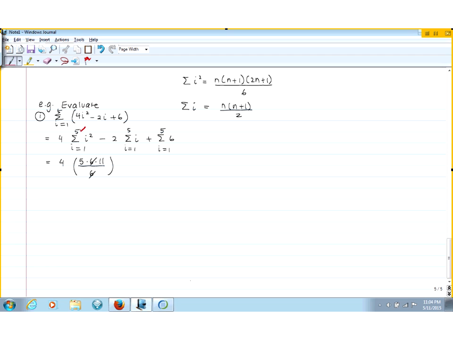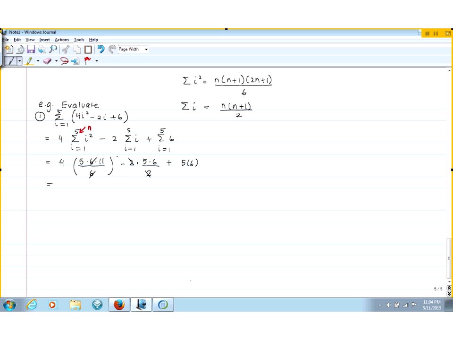In this case, n is equal to 5. Now, minus 2 times sigma i. Sigma i is n times n plus 1 over 2, so 5 times 6 divided by 2. Actually this one cancels. Plus, i goes from 1 through 5, 6, so in this case it will be 5 times 6. Alright, so what is this?